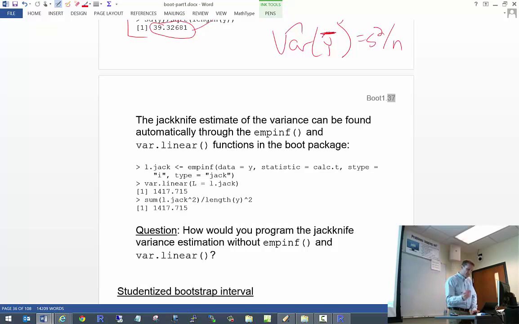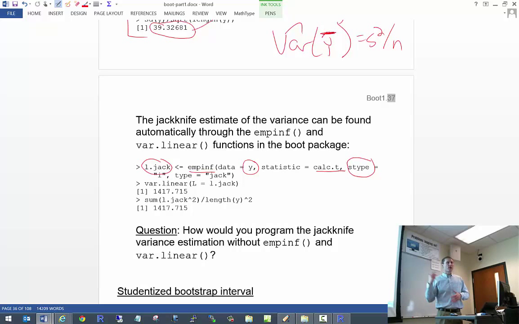So I'm going to create an object called L.Jack, using emp.inf. I put in my data. I put in the function name that's used to calculate my statistic of interest. And then I say stype. That stands for statistic type. There are different ways that you can write your calc.t function and use it with the boot function.